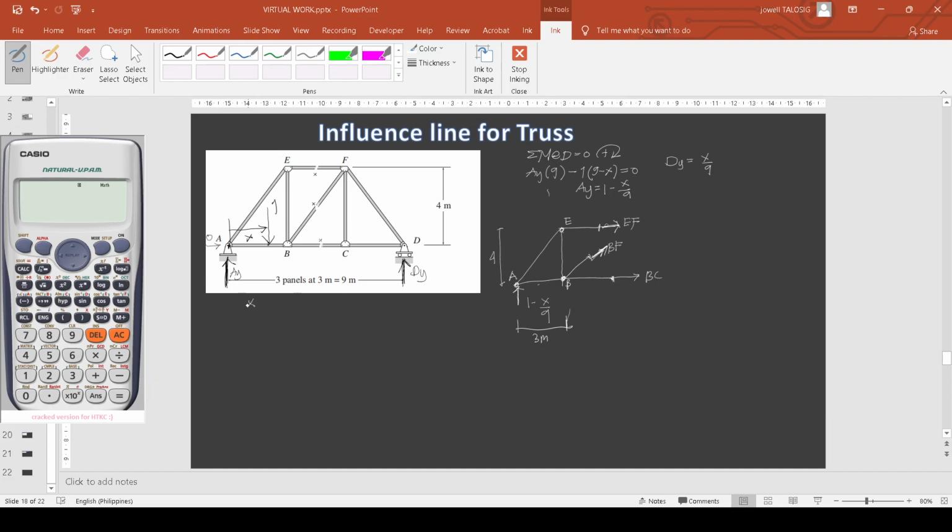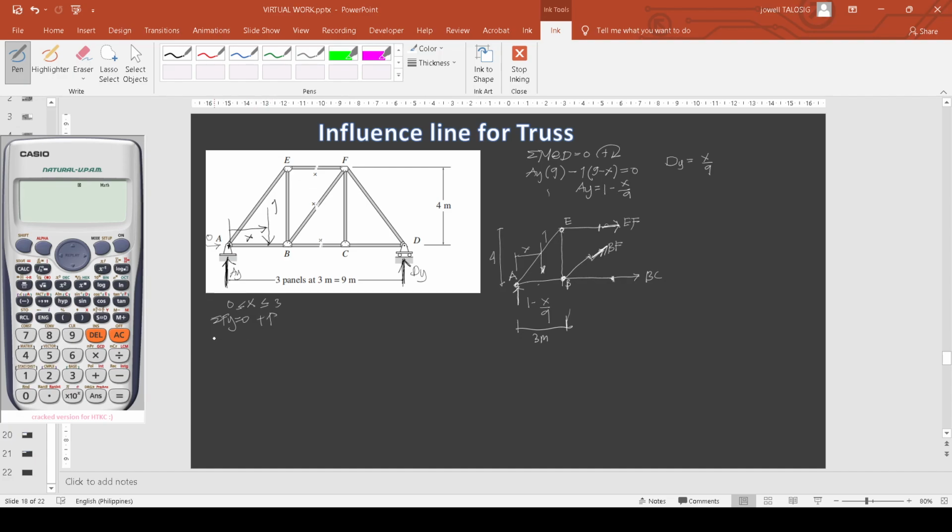When x is between 0 and 3, the unit load is here, at distance x. Using that figure, summation of forces along y is equal to 0, positive upward.